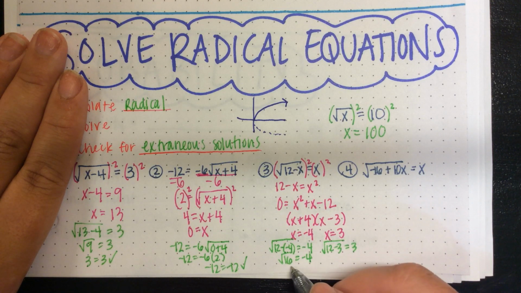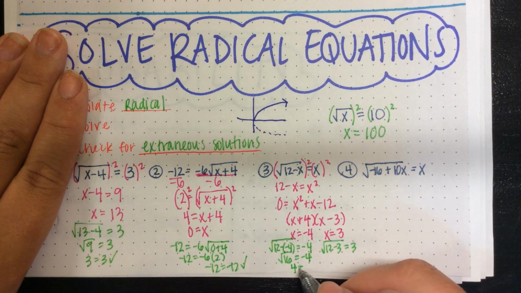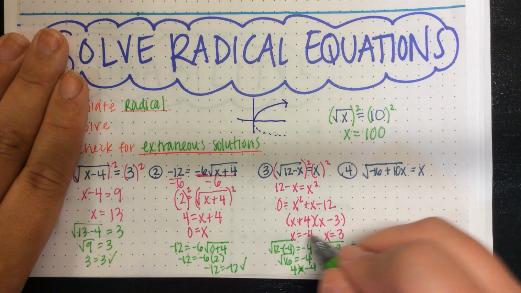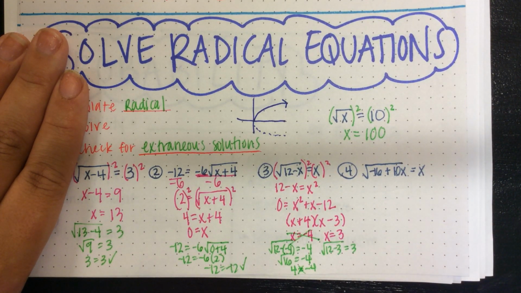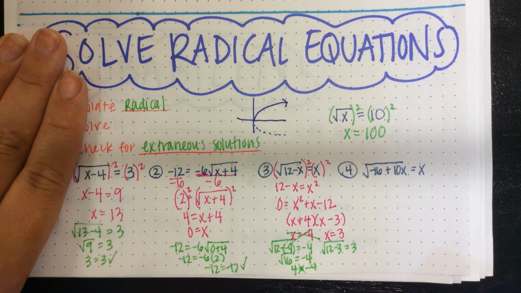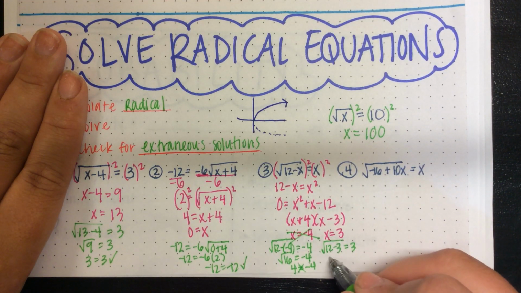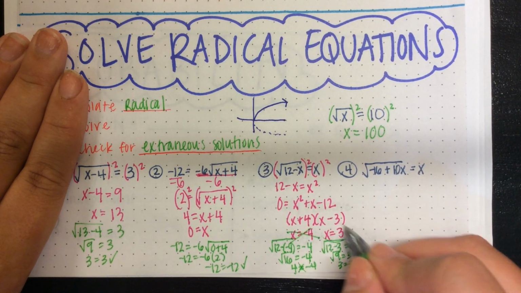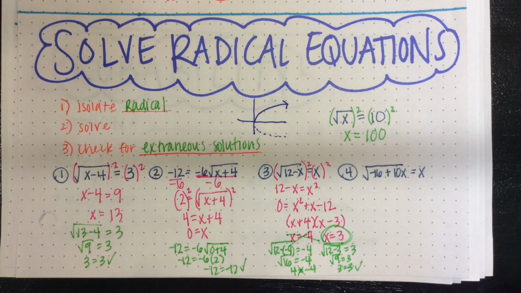So the square root of 16, we're saying is positive 4, and that does not equal negative 4. So that means that negative 4 is not an answer. That's extraneous. Whenever you do that, that's usually what they end up looking like, where it looks like it's true, but remember, we only take the positive. 12 minus 3 is 9. Square root of 9 is 3, so that one works. So this 3 ends up being my only solution.